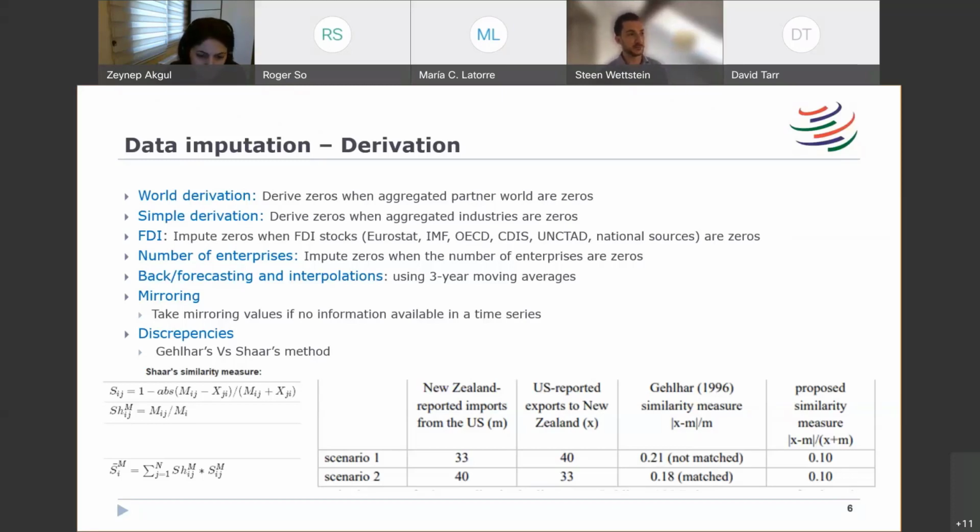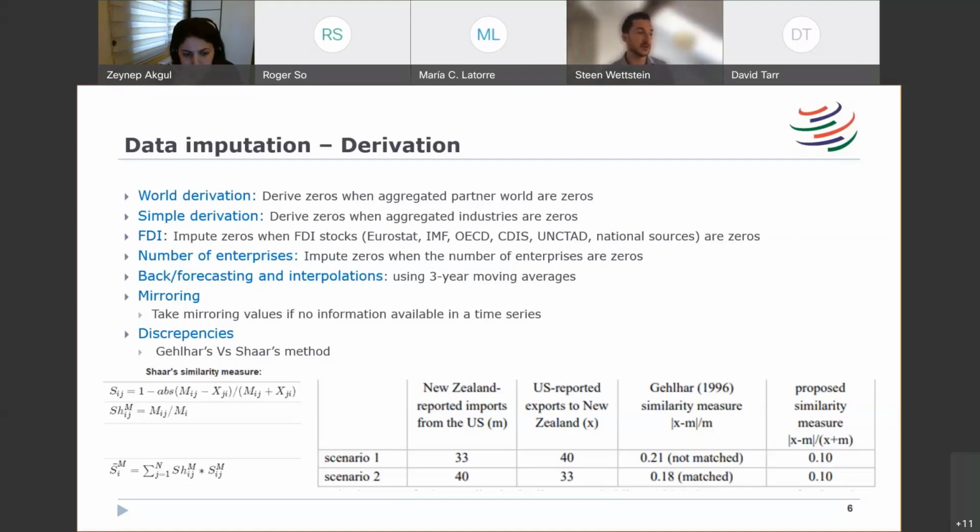In that case, we use back and forecasting methods whenever data are missing at the beginning or the end of the time series, respectively. And then, as I mentioned before, we're very much interested in inward statistics, and the reason is because we believe inward statistics are better quality in general. However, whenever we don't have any observation in inward, what we can do is use the mirroring flow and what was reported on the outward side by the trading partner.